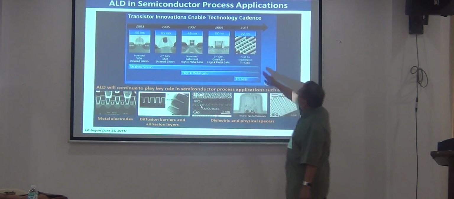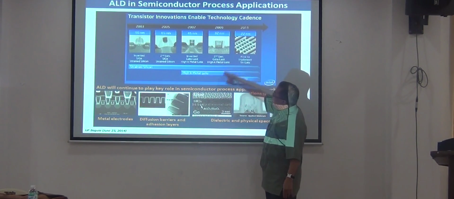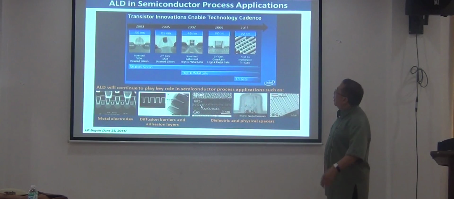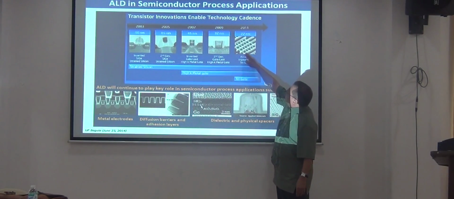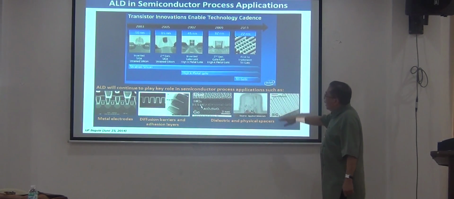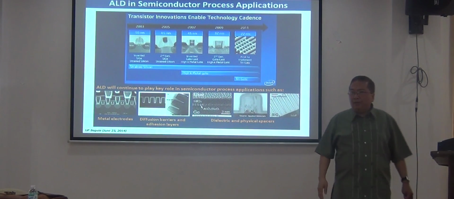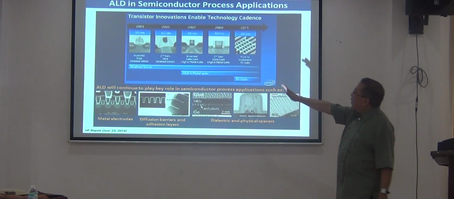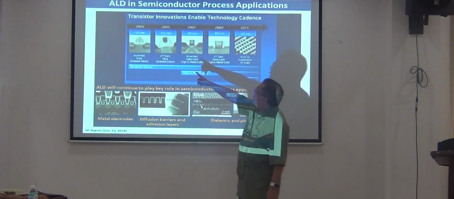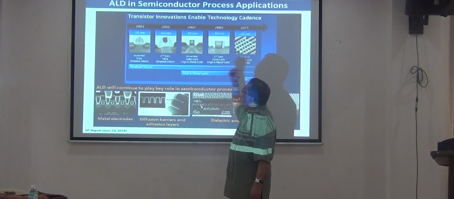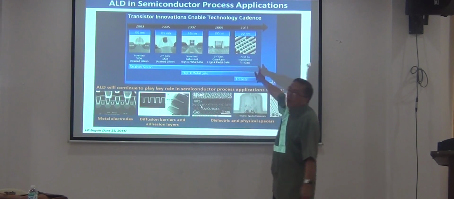And then eventually, in this gate, you have to develop a capability to coat conformally. And ALD in all of these processes has been very useful in enabling the IC manufacturing technology to go from that size to this size.